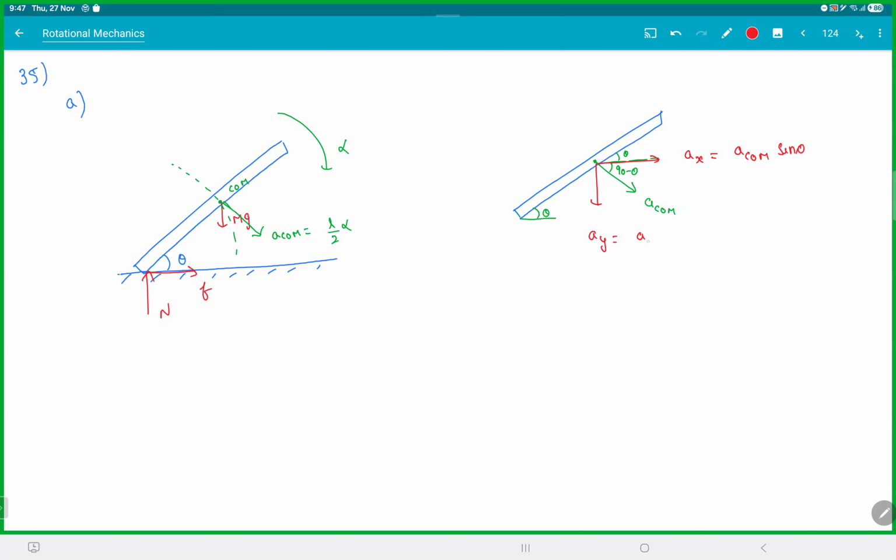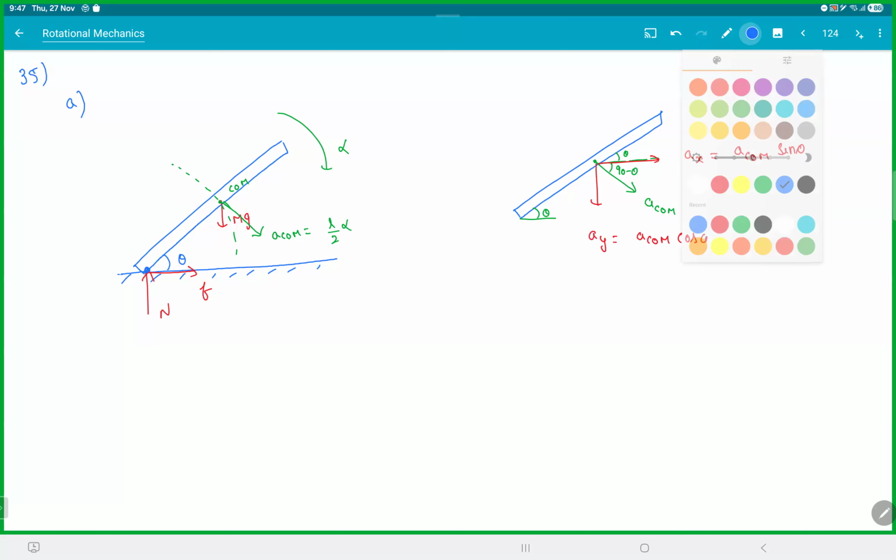AY is A center of mass cos theta. You don't need this to find alpha. So let's talk about this bottommost point.